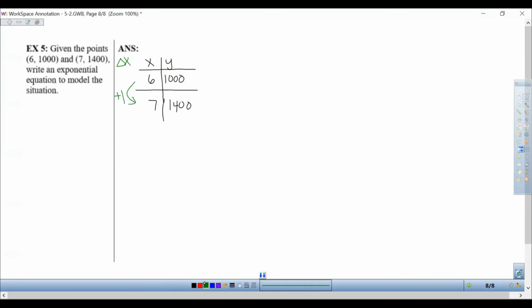Then what I want to look at is my ratio of my Y's. Meaning, if I take my second point, 1,400, and divide it by my first Y value, 1,000, what do I get? 1,400 divided by 1,000 is 1.4.